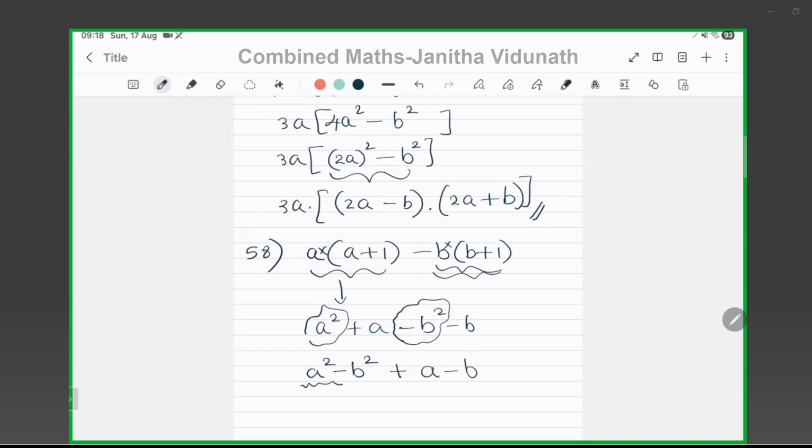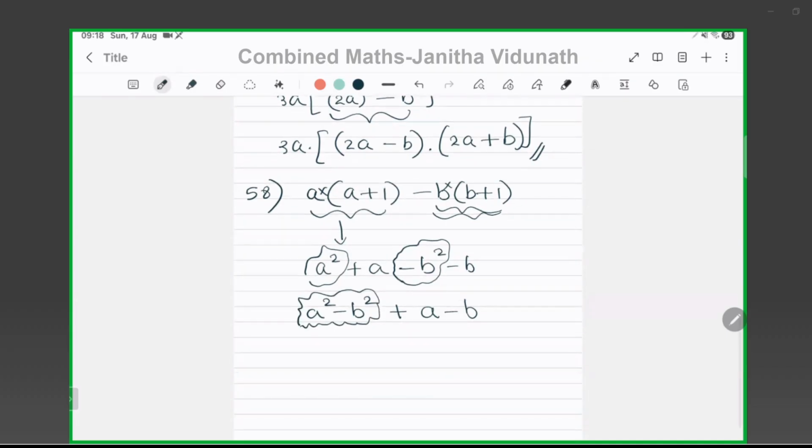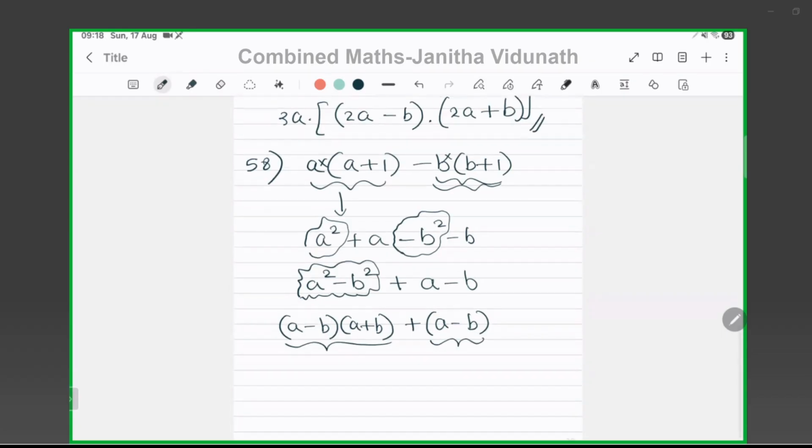Now when we group these two, we can use the difference of squares method. Then we get a minus b times a plus b. Here a minus b is still there. Now if we consider these two terms, a minus b is common for both terms.